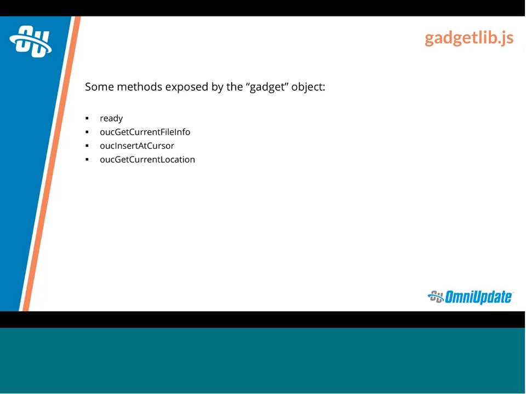OUC get current location, which gives you your current browser location, and OUC set current location, which allows you to actually navigate to a different page in OU Campus. The GadgetLib also provides us with methods to use the metadata API.